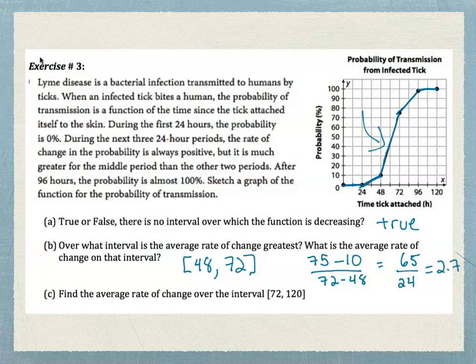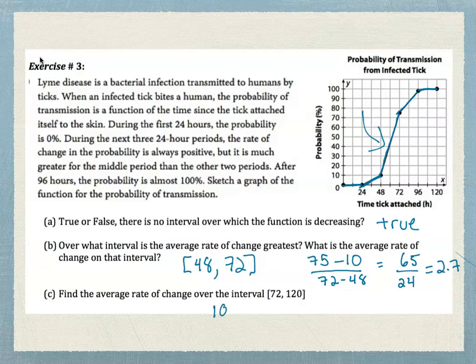Okay. Let's find the average rate of change over the interval 72 to 120. So at 72, my function value is about 75, and at 120, my function value, I'm just going to say, is about 100.